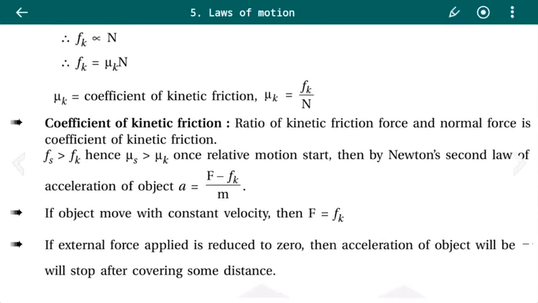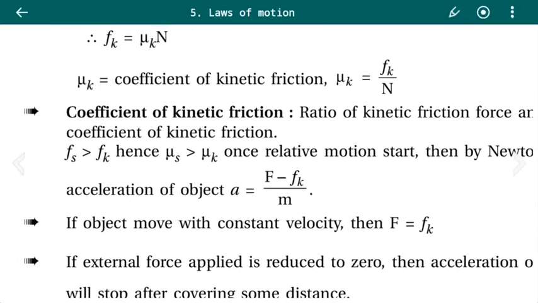Here Fs is greater than Fk. We have already discussed that the static frictional force is greater than the kinetic friction force, because static frictional force is the force that does not allow the object to move; it opposes the external force.